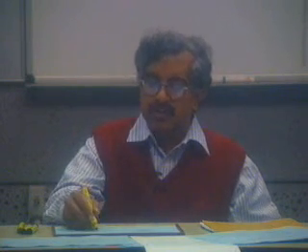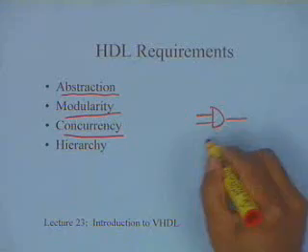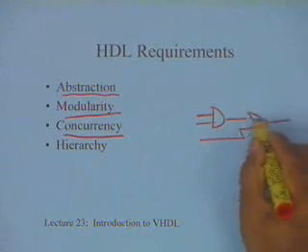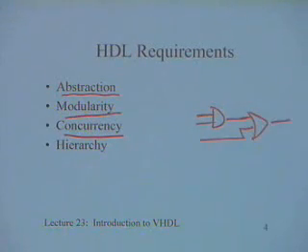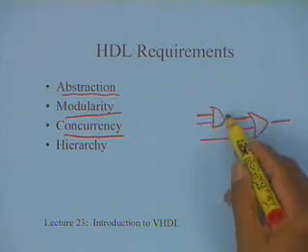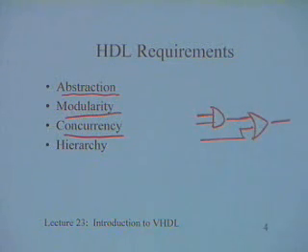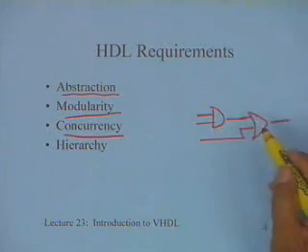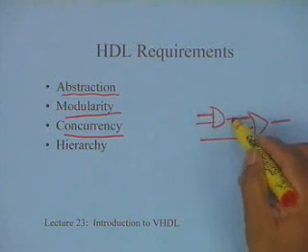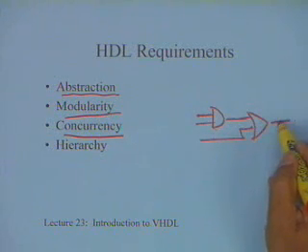Though the circuit diagram may look sequential, let's say you make a circuit diagram with 2 gates, it's not that first you perform an AND and then you perform an OR. There is nothing like that. Both the AND and the OR are working simultaneously. Any change here will be reflected here.